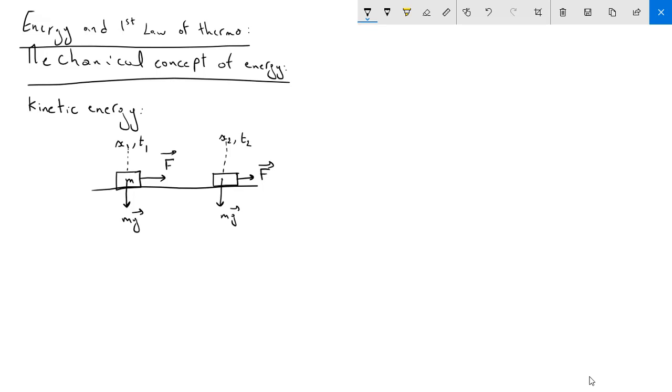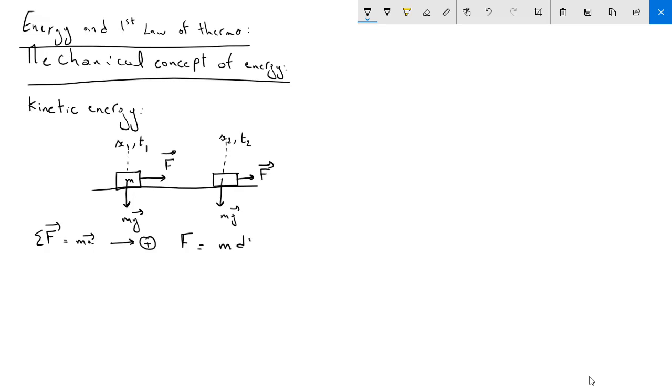If we apply Newton's second law on the body, summation of forces equal m times acceleration, and we project this equation in the positive direction to the right, we will obtain summation of the forces, which is mainly just F, equal m times acceleration.